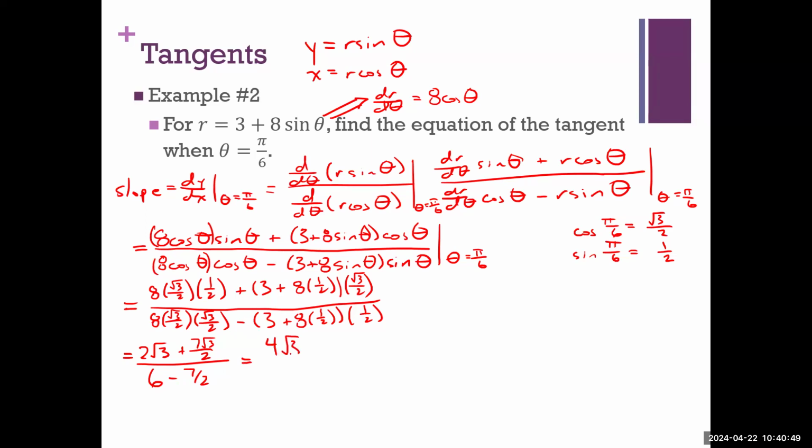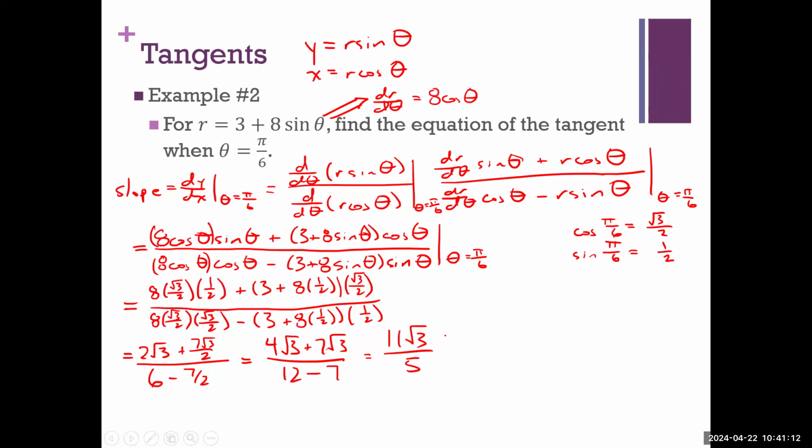So 4 radical 3 plus 7 radical 3 over 12 minus 7. All right, I think that's our slope. That was a long way to get there.